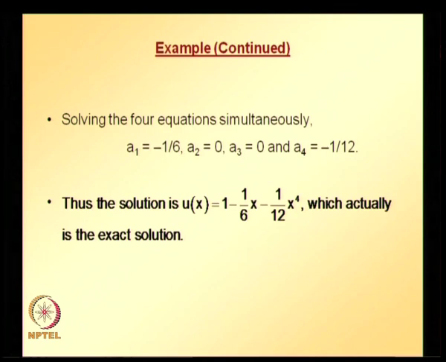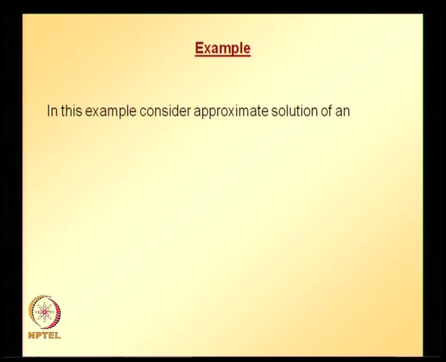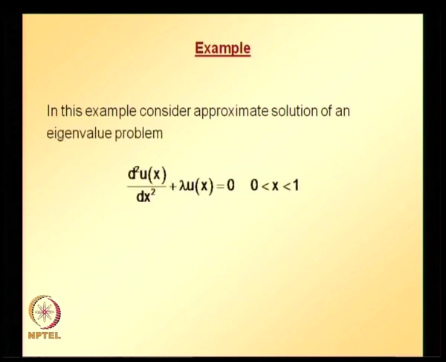And what I will do is show you the next example, on an eigenvalue problem. And why is it an eigenvalue problem? If you see this differential equation, you have one quantity lambda there, because of that it becomes an eigenvalue problem, and this differential equation needs to be satisfied over the domain 0 to 1.